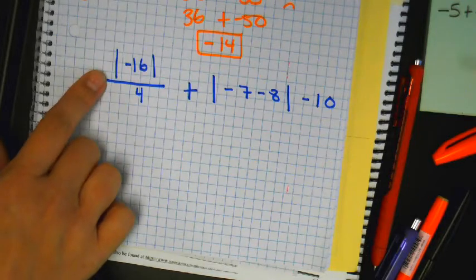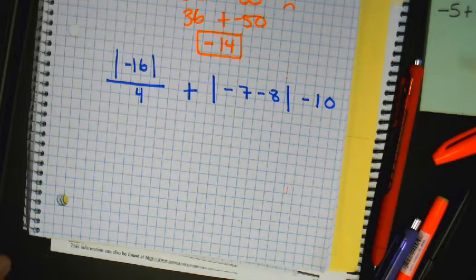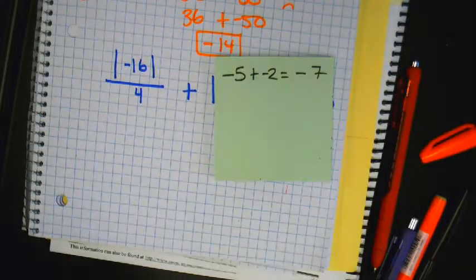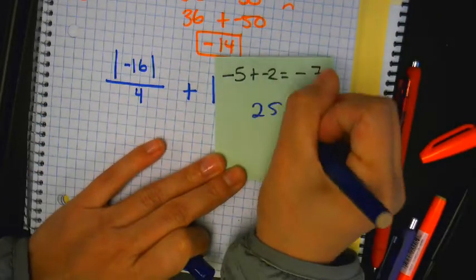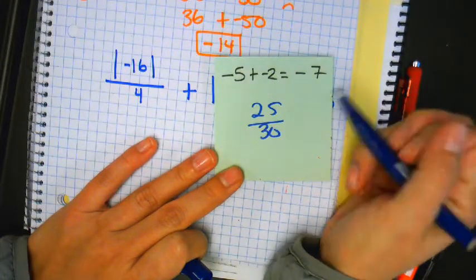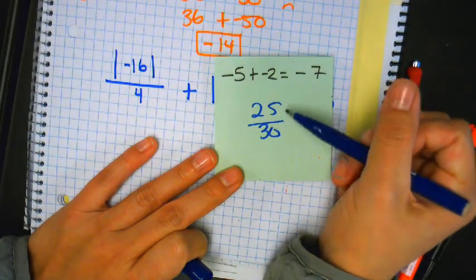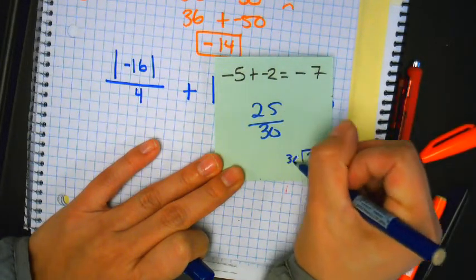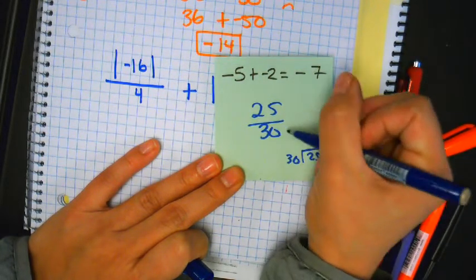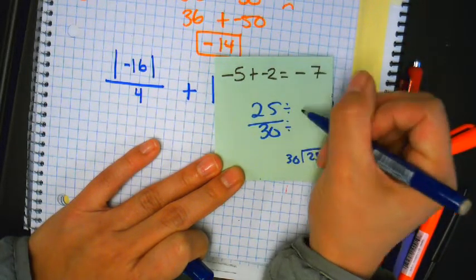And it's like, okay, Miss Amelia, when do I simplify and when do I divide? I would first divide to see if you get a whole number. If you get a whole number, then it's a traditional division. If you get a number like 25 over 30, can I divide this like old-fashioned? Nope. So when you can't do this, then it's simplifying.